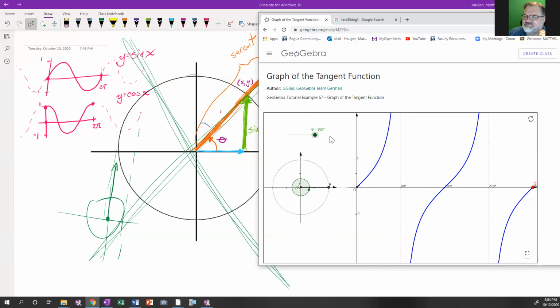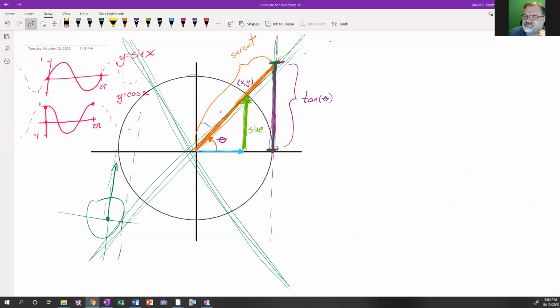Now, this is what the graph looks like between 0 and 360 degrees. So if we tried to look at what it's going to look like if we graph it between 0 and 2 pi, it would, like that graph did, start increasing until it reached pi over 2 radians.